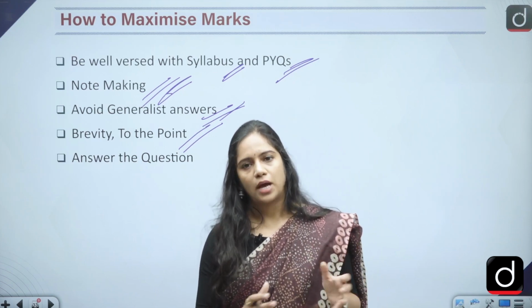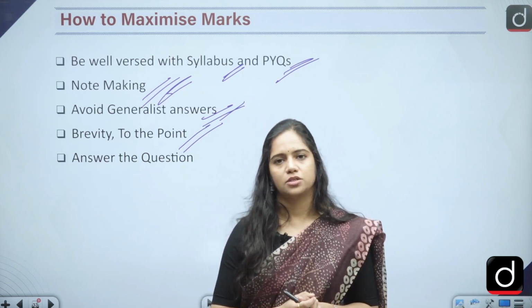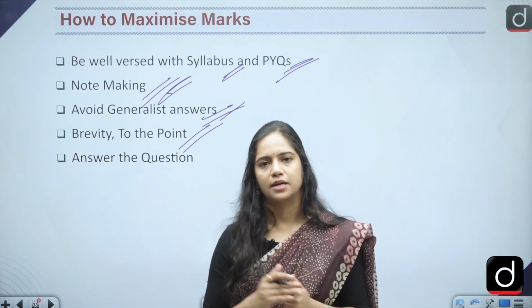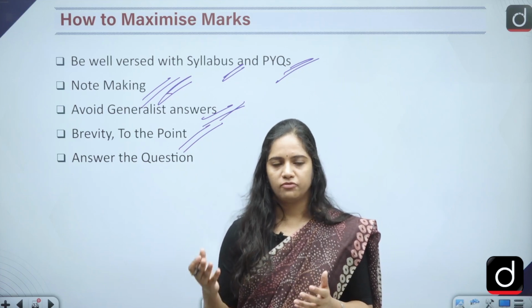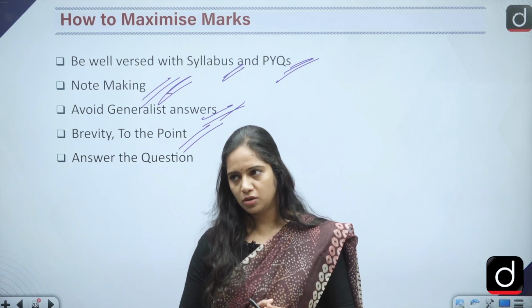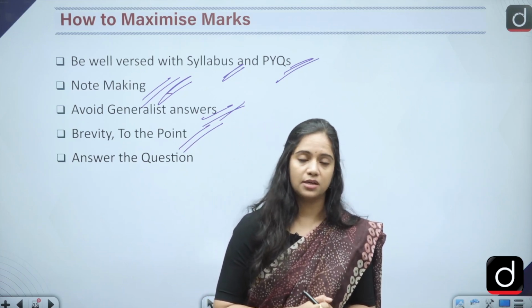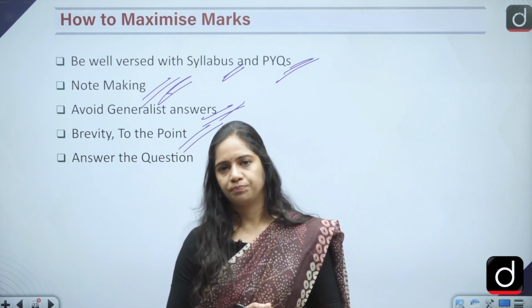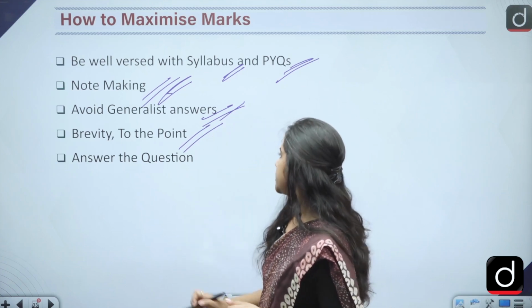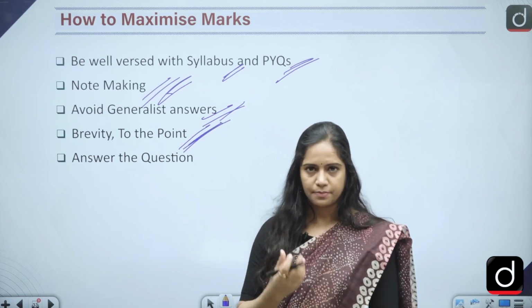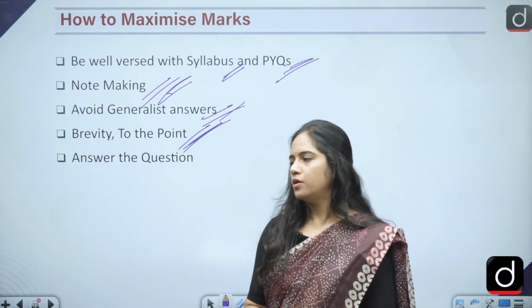Two, because you have extended your answer beyond a point, the examiner would also not be interested in reading the entire answer. If it says 200 words and you have gone to 400 words, why is he entitled to read your entire answer? He would read the initial 200 words and mark you accordingly. So please respect the word limit that is given, because it also means the space limit and time limit.